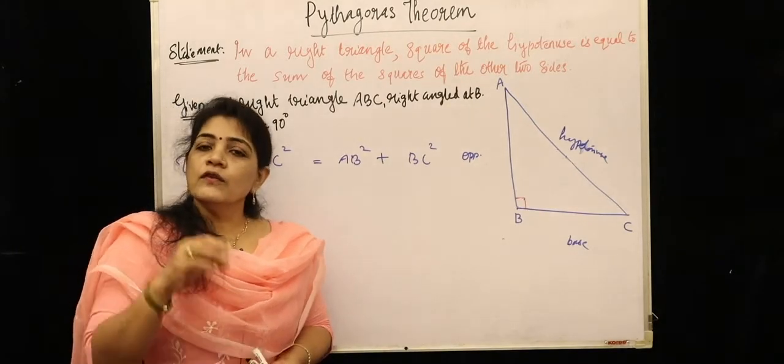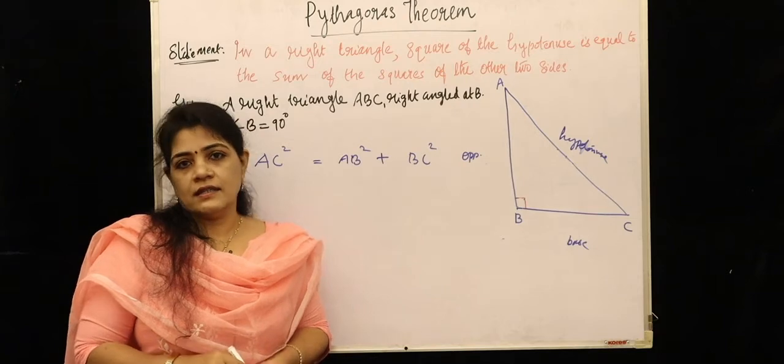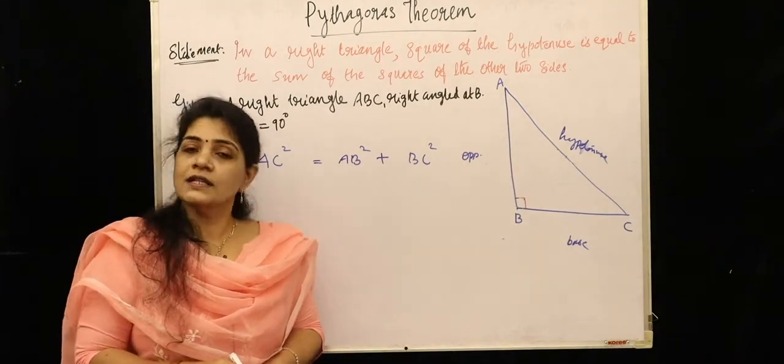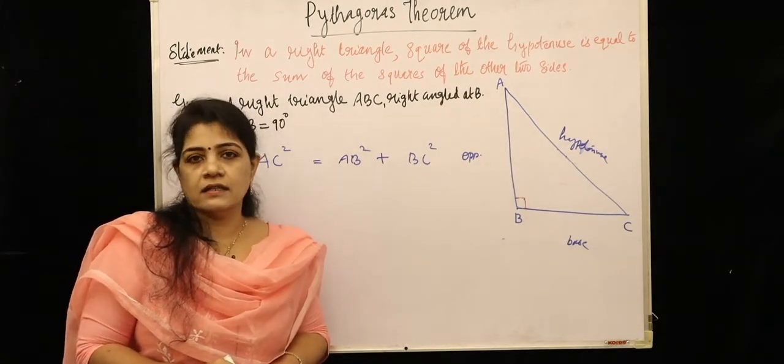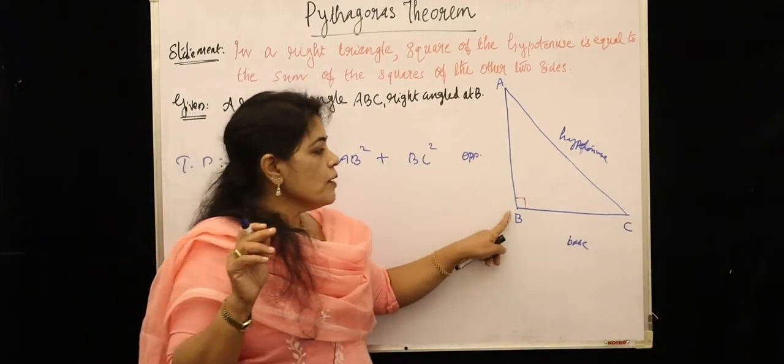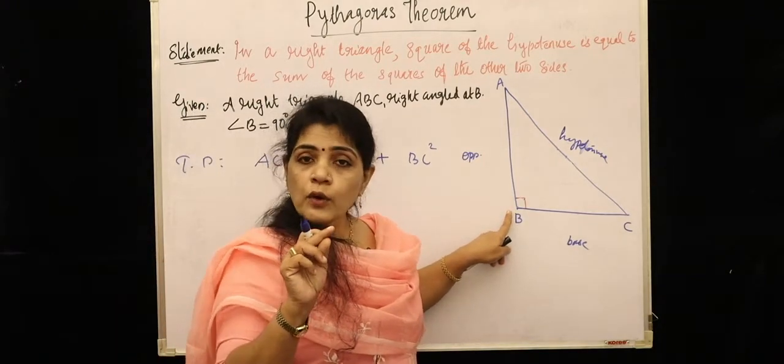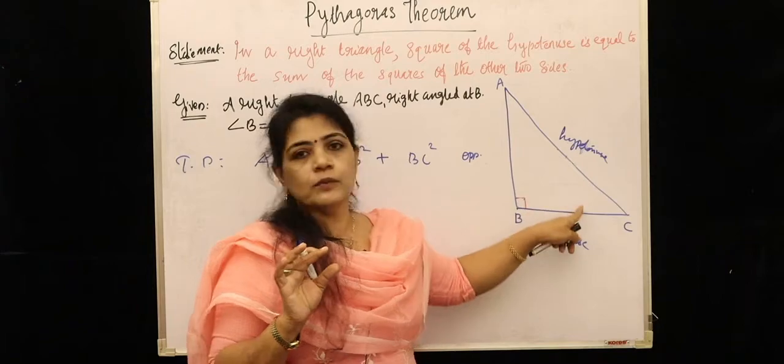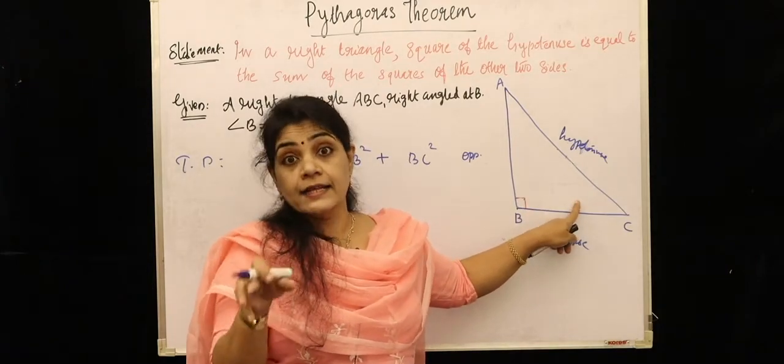We need a small construction in order to prove this result using similarity. From the angle B, draw a perpendicular towards the hypotenuse, the side AC.